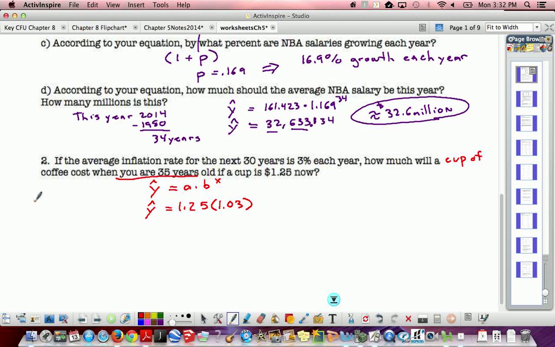So your answer may vary. So let's just do it for one person. Assume that you are 15 years old right now. So if you're 15 years old right now, when you're 35, that's 20 years from now. So my x value will be 20.